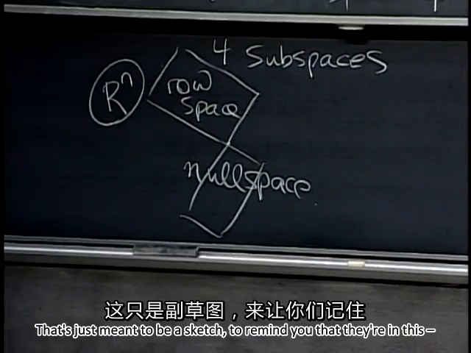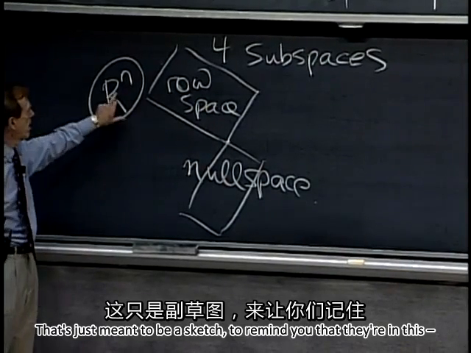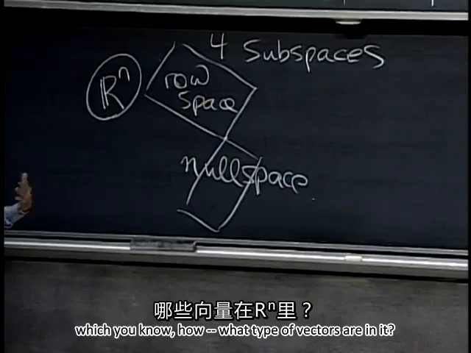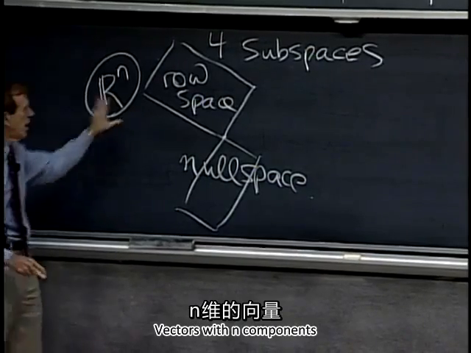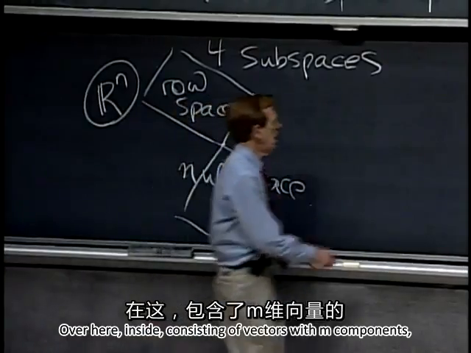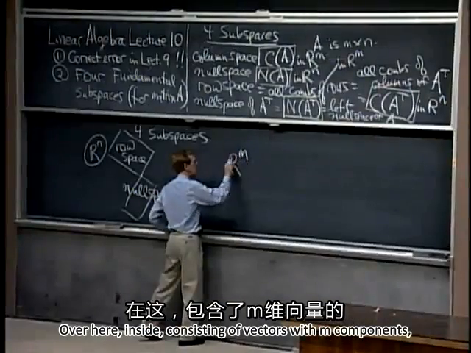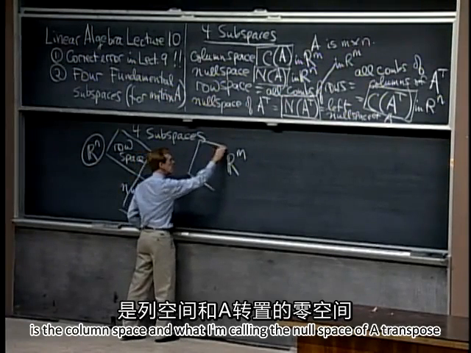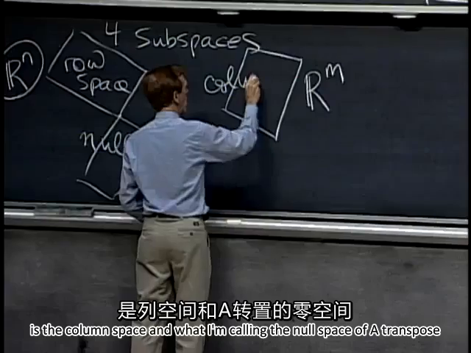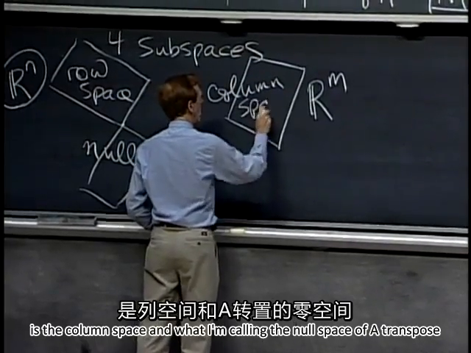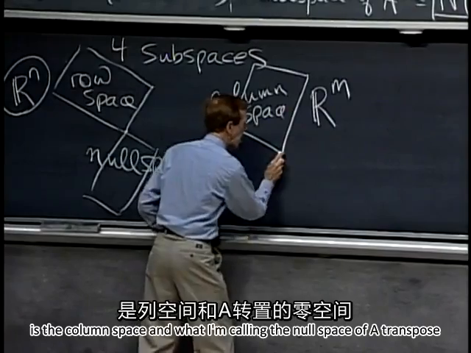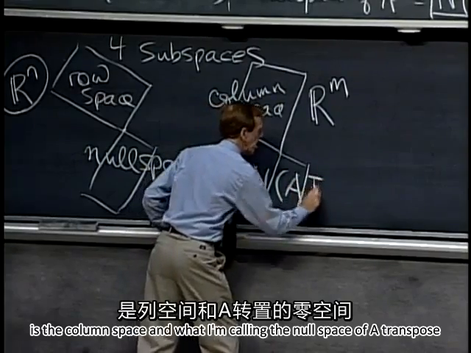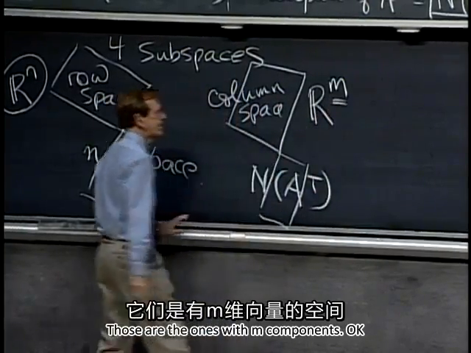That's just meant to be a sketch, to remind you what type of vectors are in it? Vectors with n components. Over here, consisting of vectors with m components, is the column space. And what I'm calling the null space of A transpose. Those are the ones with m components.